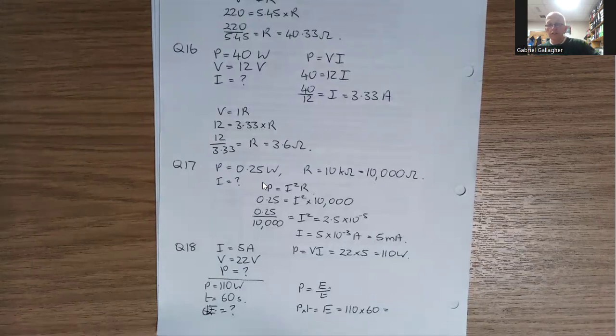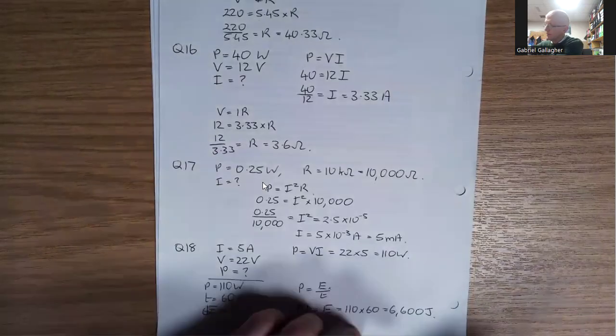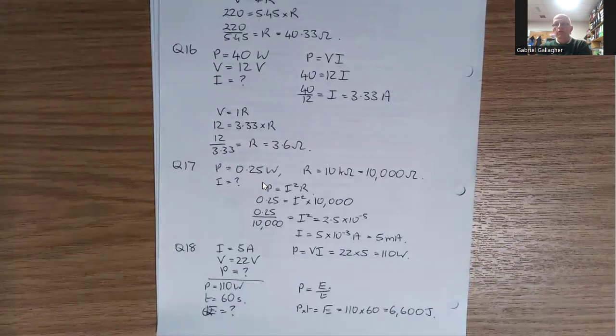You get 6,600 joules. So remember that this is a question about energy, not power. Joules. So that's the heat that is emitted in 1 minute when you've got a 110 watt heater or 110 watt power resistor.